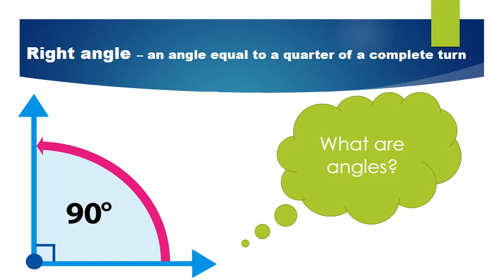So boys and girls, a right angle is an angle equal to a quarter of a complete turn. Let me just unpack this for you.